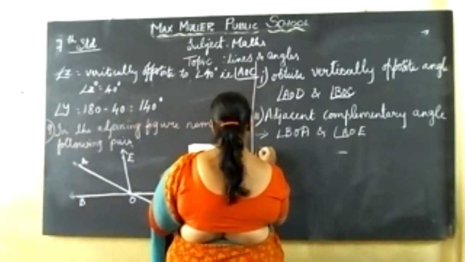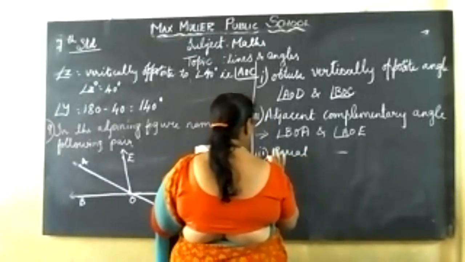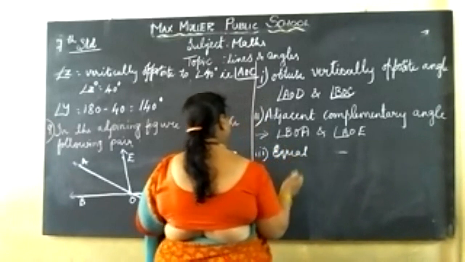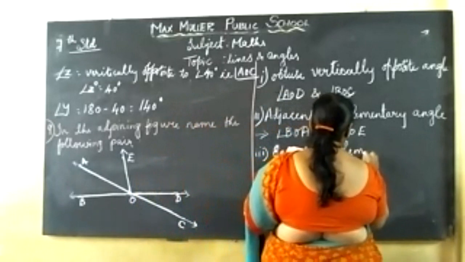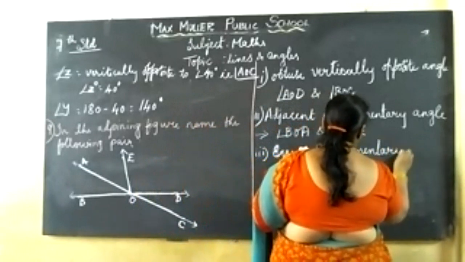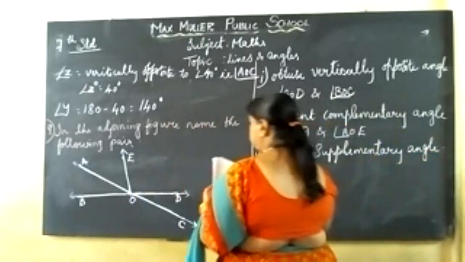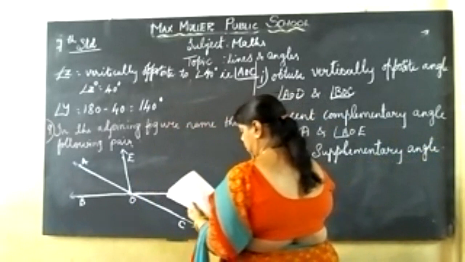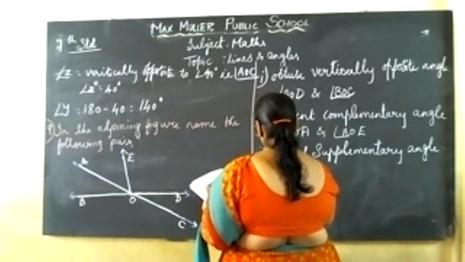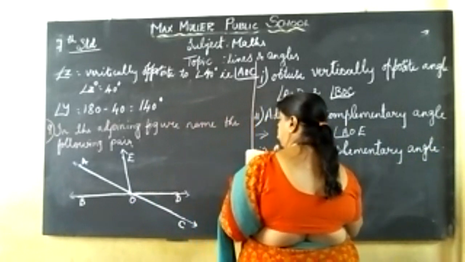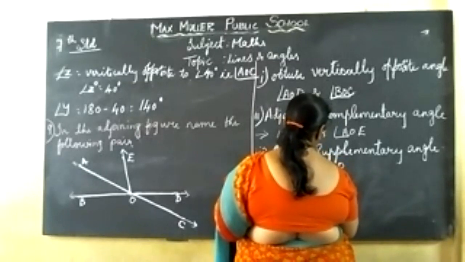Then third one, equal supplementary angle. Supplementary means it should be 180 degree. That is BOE and EOD.